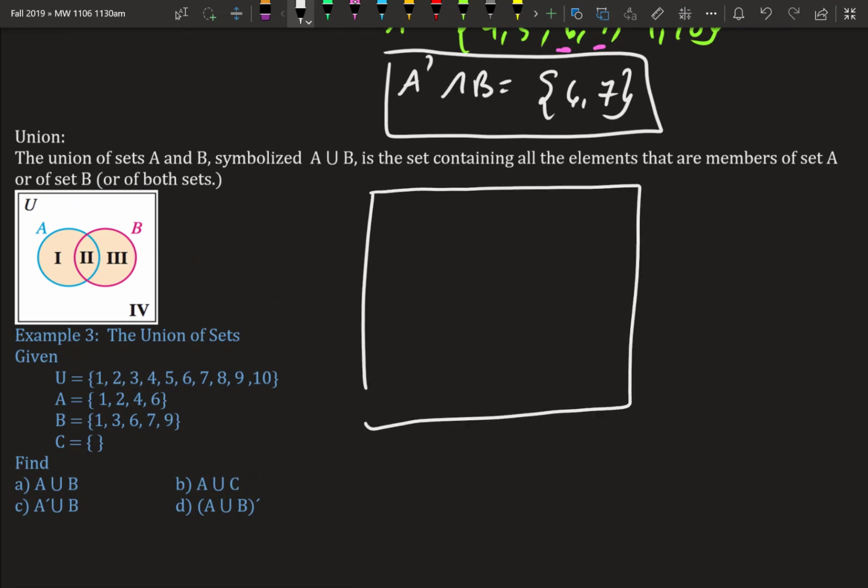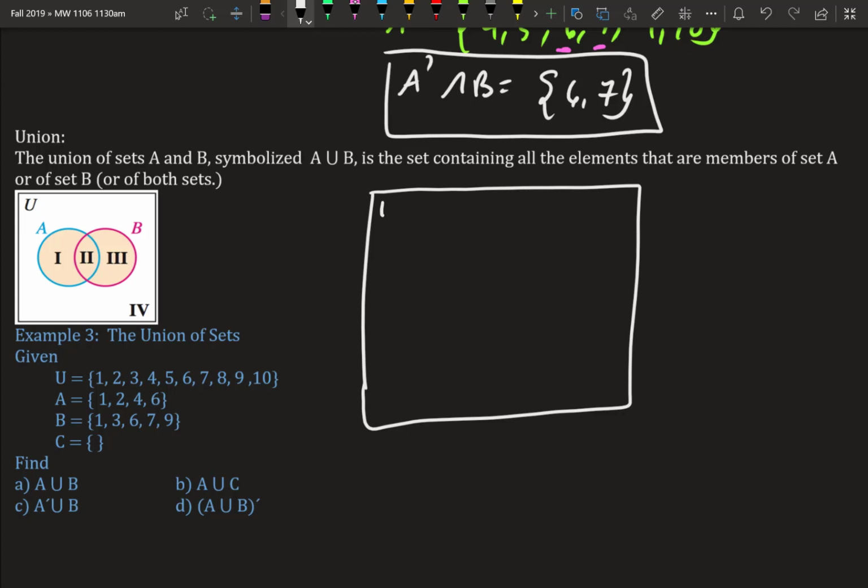Do you absolutely have to draw a Venn diagram? Nope, we don't. I just like pictures. I'm a picture person. So I'm drawing it because I need to see it, and some of you may need to see it. But if you don't need to see it and you can get it without drawing the circles, by all means, do it.